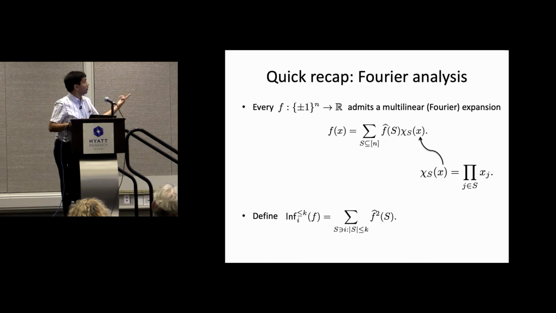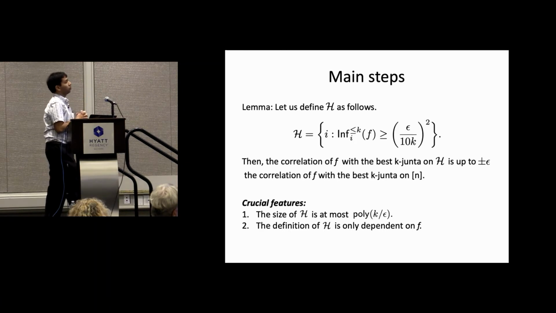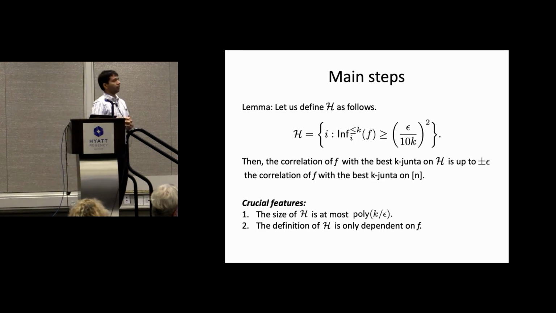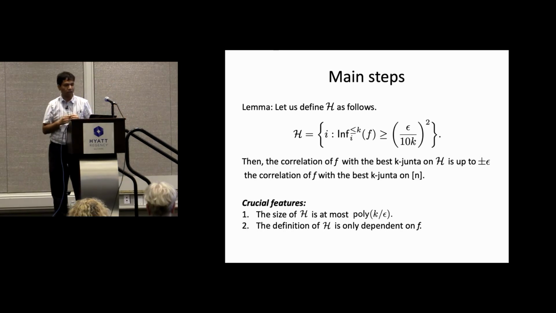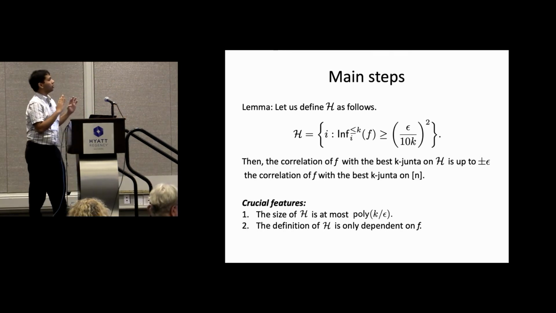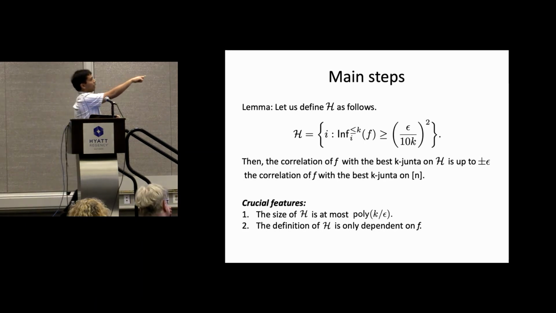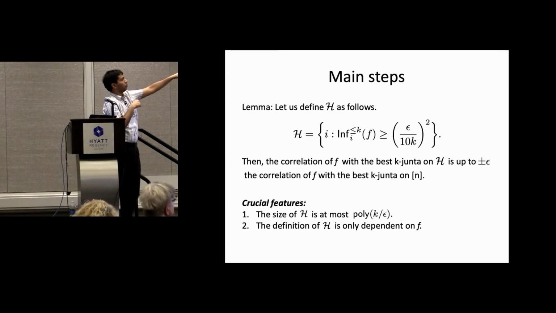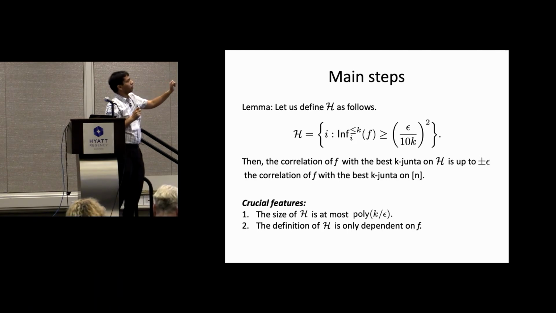And now here's the first important lemma. This is not hard to prove. If you are interested in finding the best k junta which is correlated with g, it suffices, up to a plus or minus epsilon error, if you're willing to lose an epsilon in correlation, to just look at the k junta which depends only on the variables coming from the set capital H. It's the set of variables i which have degree k influence at least epsilon over k squared.